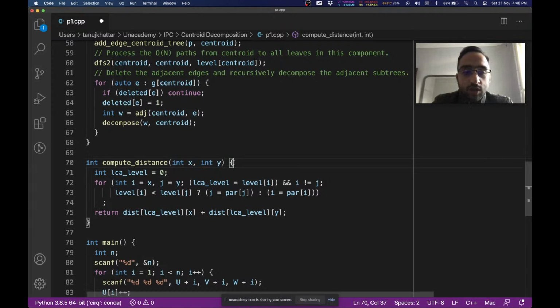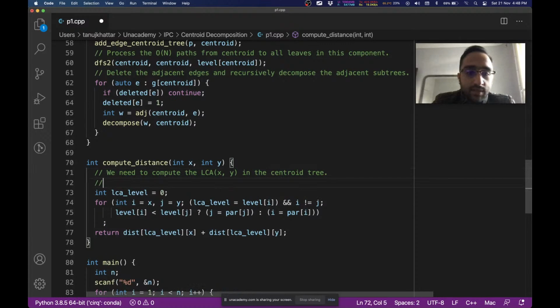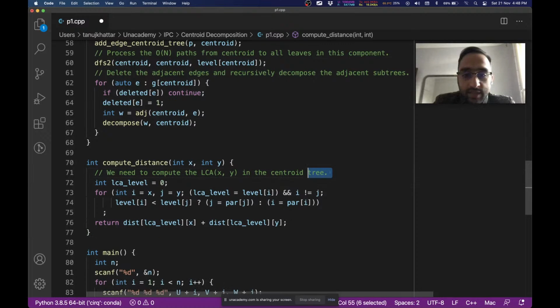Now, the first thing to do was to compute an LCA. We need to compute the LCA of x and y in the centroid tree. Some of you might know that there are complex methods of computing LCAs like binary lifting. But the beauty here is that the height of the centroid tree is only log n.